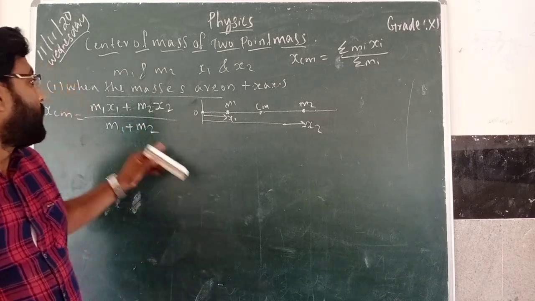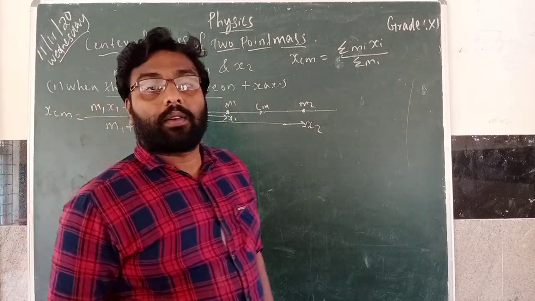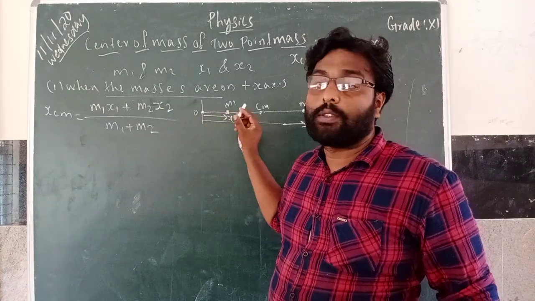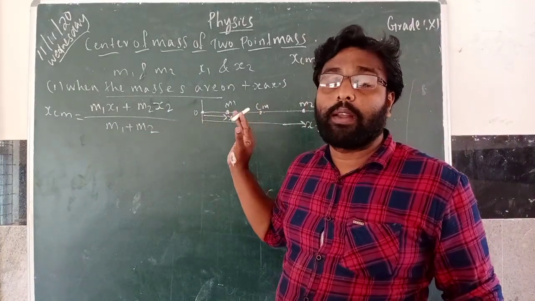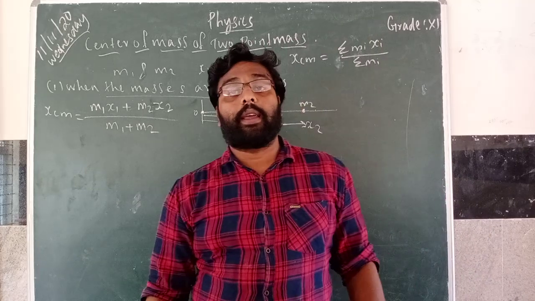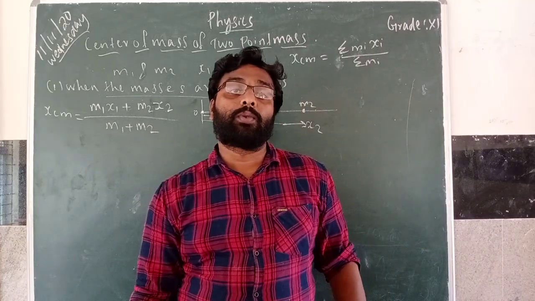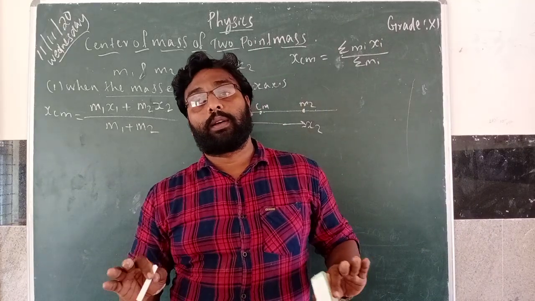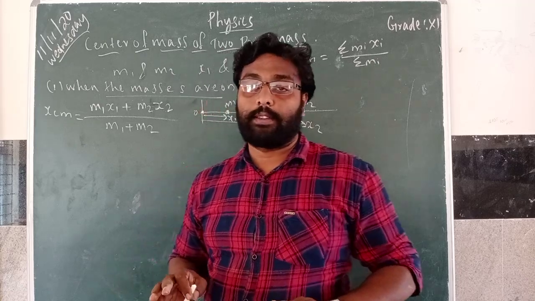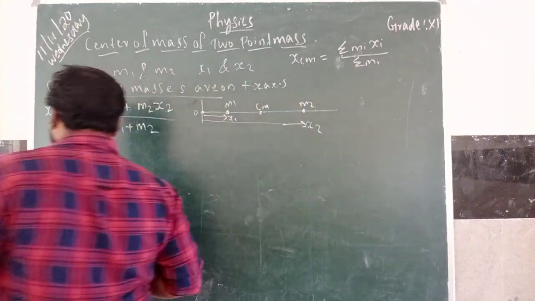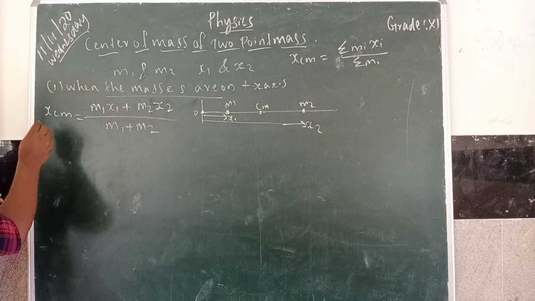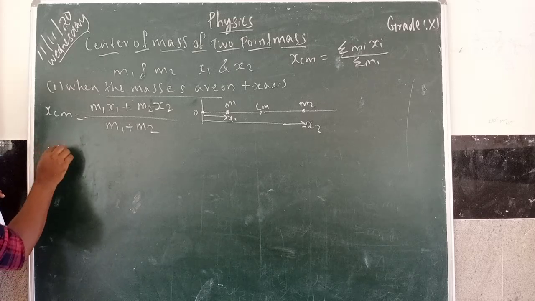So this is the center of mass formula for these two masses which are kept at the positions x1 and x2 in an x coordinate system. In the same way, you can find the second way.